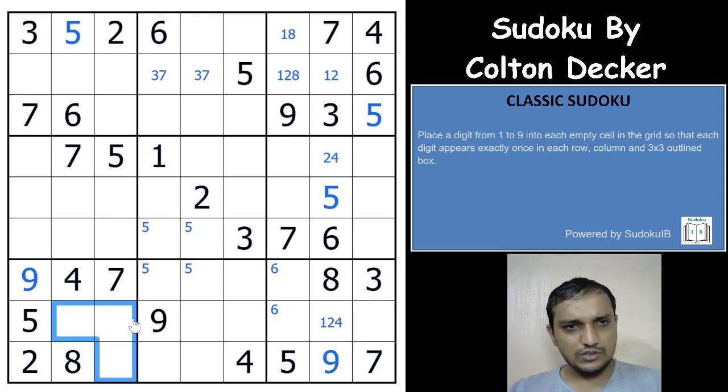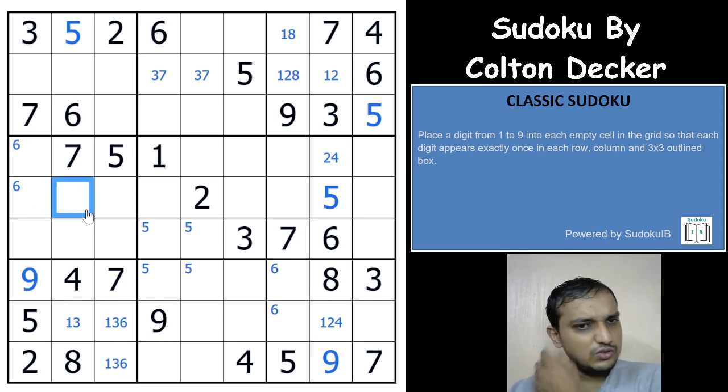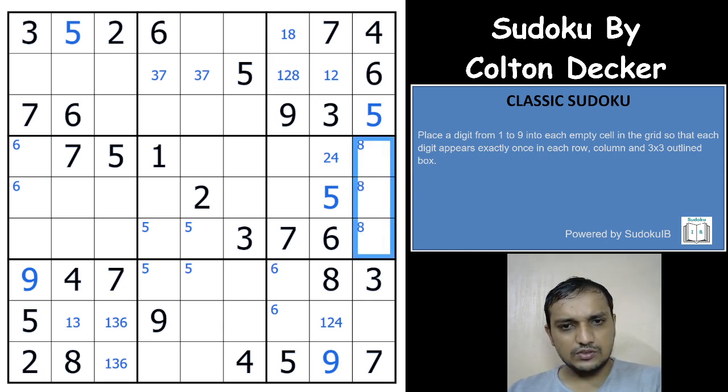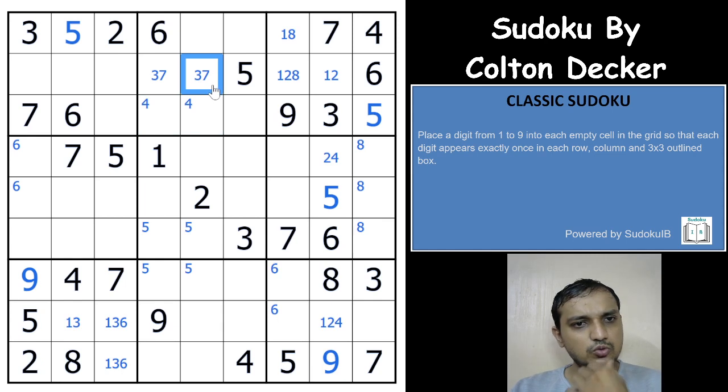So 1 3 and 6, right? This cell cannot be a 6, so which means 6 would have to be in one of these two cells. 8 would have to be in one of these three cells, right? Yeah, okay. 4 would have to be in one of these two cells.